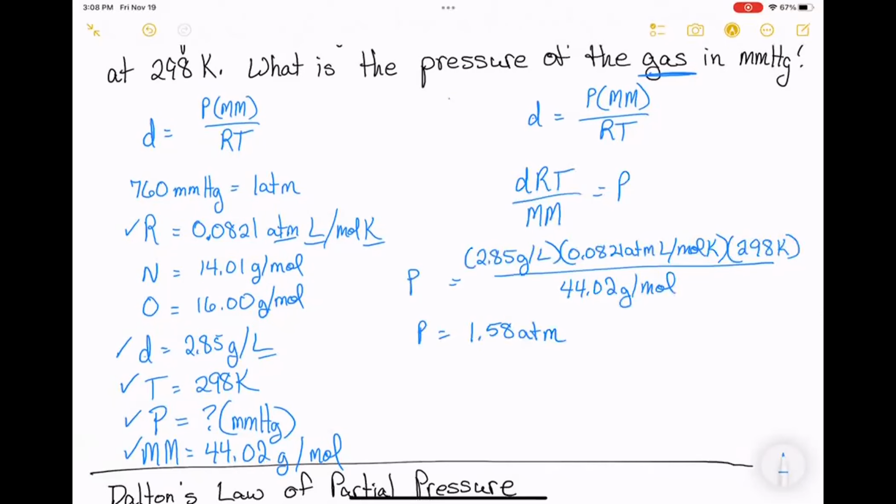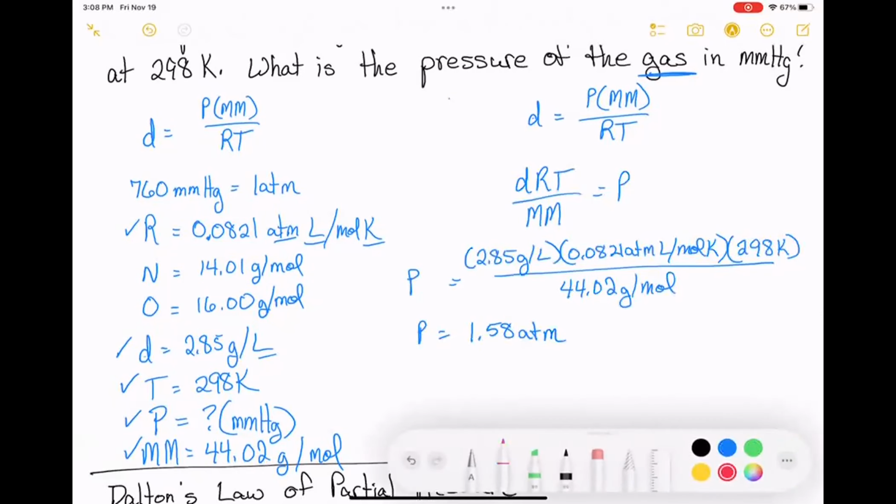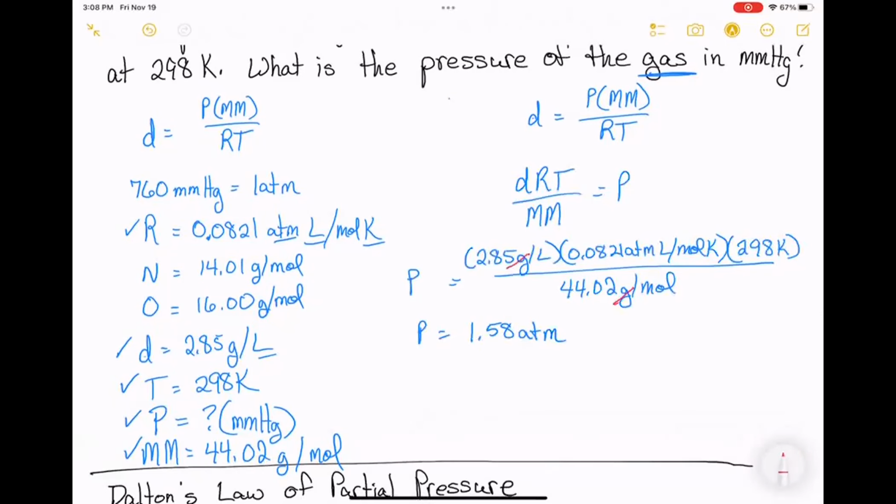You had to pay attention here because if you didn't pay attention, you would not have known that the unit was atmospheres. So because it is atmospheres, I go back and I look at my question. My question asked me for the pressure in millimeters of mercury.